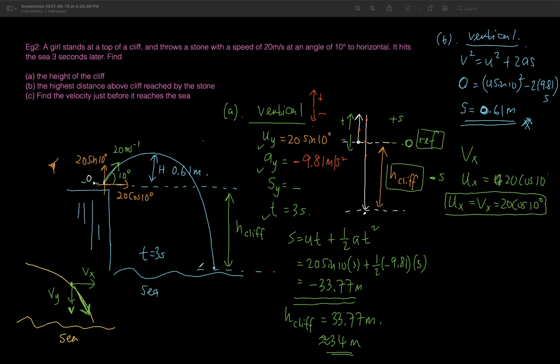Okay, the final velocity x. 好，现在我要找的就是我的 Vy. Vy 怎样找？Vy 也是一样，we can use v equals to u plus at to find it. This is considering vertical.